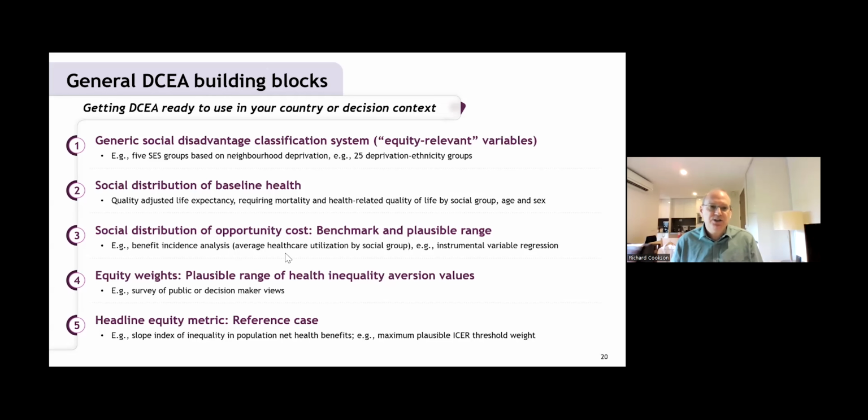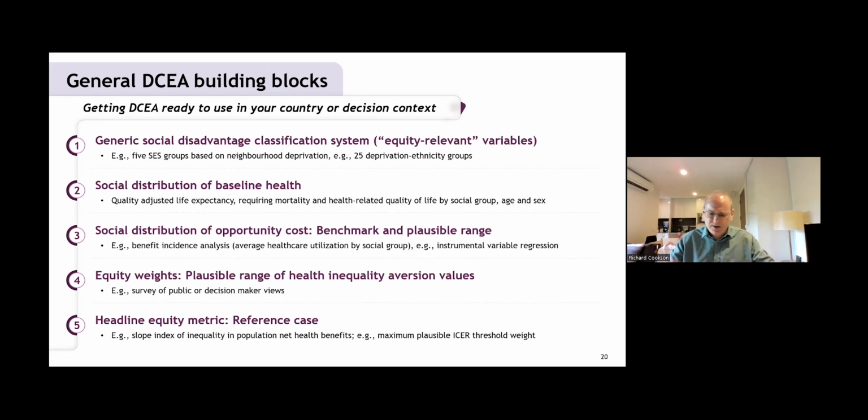And then finally, you need to choose your equity metric as a reference case. You need a general measure of inequality that you're going to use time and time again across different disease areas. It's no good having a slope index one day, then an Atkinson index, then a threshold weight.